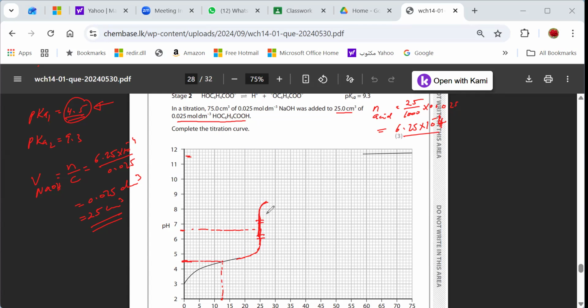So I have a question. Yes. Miss, for the line we just drew, how do I know when to stop it? Because here we stopped at 8, for example. Because I said that the pH is at half the vertical line. Okay.